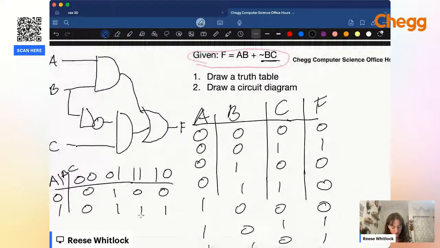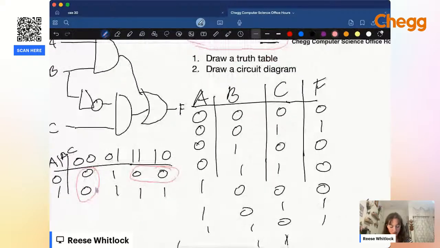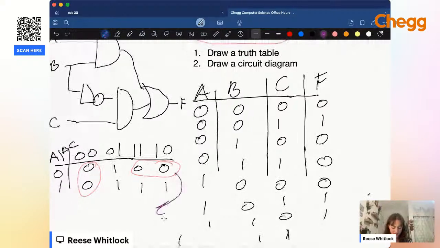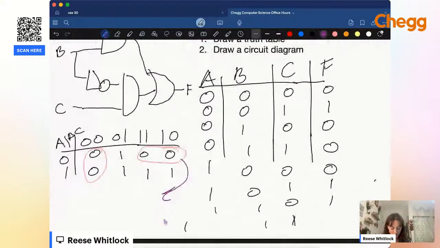Yeah, that will be 1. Okay, so instead of making circles with the 1s, I'm gonna make circles with the 0s, so here and here. I think this is one that we just did, but let's just make sure we can do it again. All right, so here is going to be not A and B. So in our sum of products, that'll be A or B.